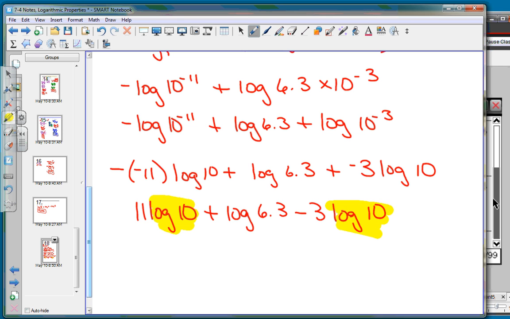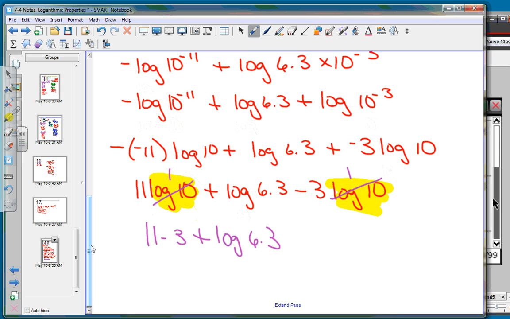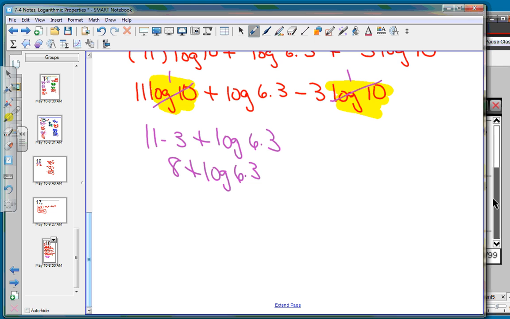Log base 10 of 10 becomes what value? That becomes 1. So this right now becomes 1, and this becomes 1. So I have 11 minus 3 plus log of 6.3. What is 11 minus 3? 8.